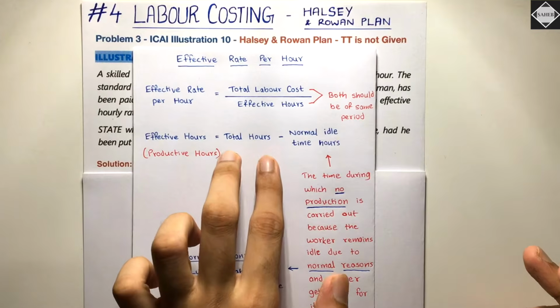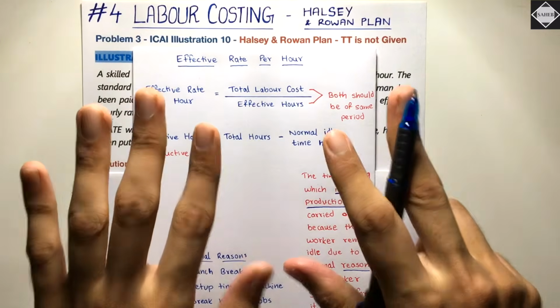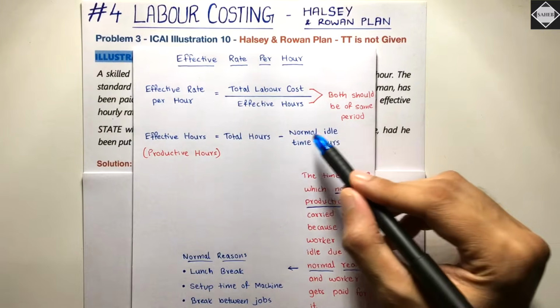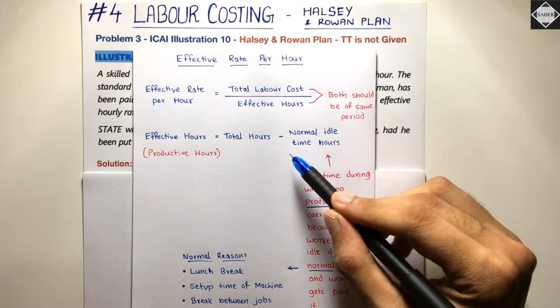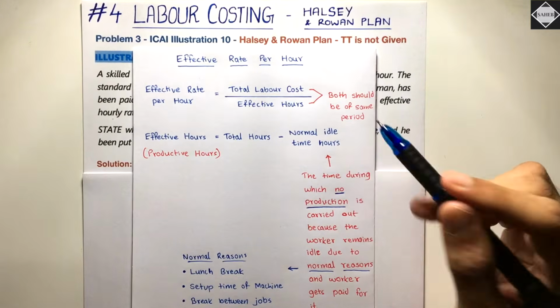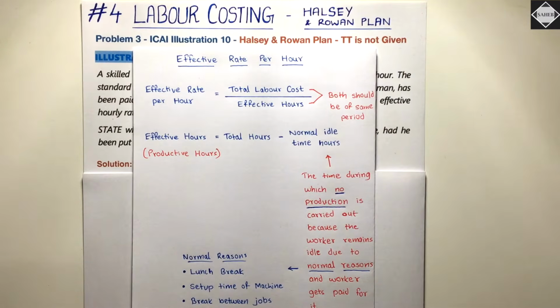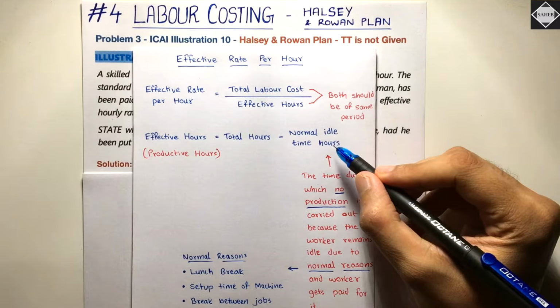You take the total working hours in a day, which I told you was 8 hours, minus normal idle time hours. Normal idle time hours means the time in which no production is happening, the non-productive hours.